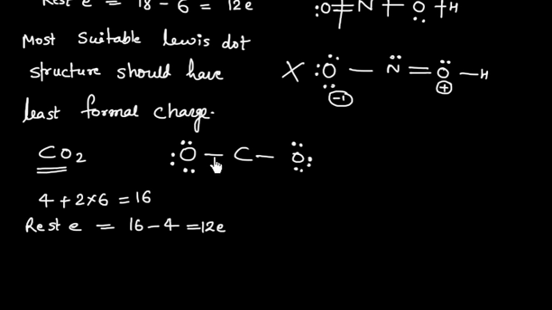Now carbon has only 2 bonds, it has to make 4 bonds so that the octet is complete. So let us form one bond from this side and one from that side, converting lone pairs into bond pairs. If I do this, I will have C double bond O on both sides, and each oxygen will have 2 lone pairs. So this is the structure of the CO2 molecule.